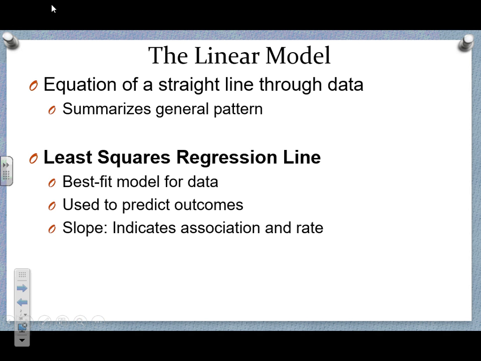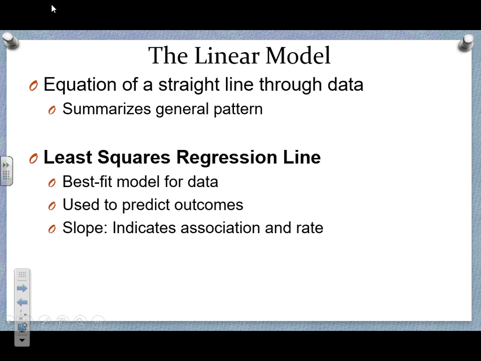And the big thing about creating this regression line, the reason we want this model, is so that we can use it to predict outcomes. So we know there's a trend, we know there's a pattern between the two variables, but we want to use that pattern and try to predict what will happen if we have certain values that we're looking at.